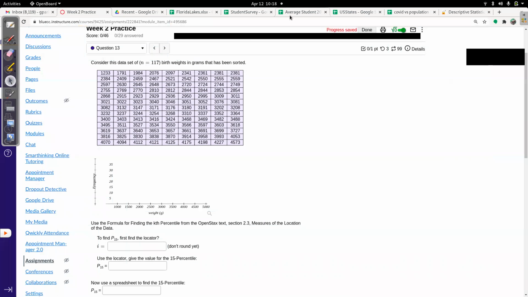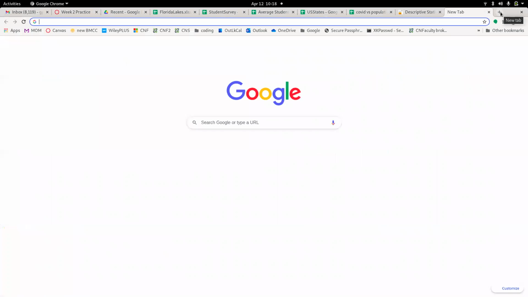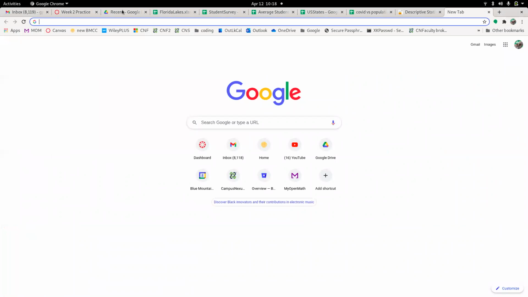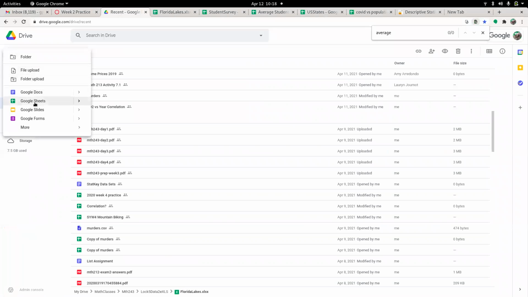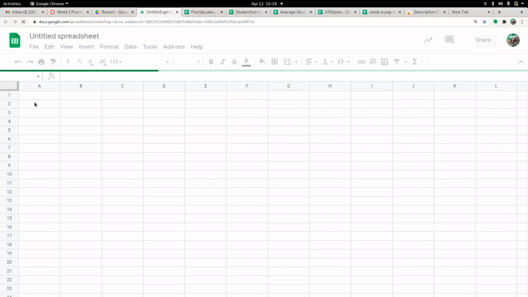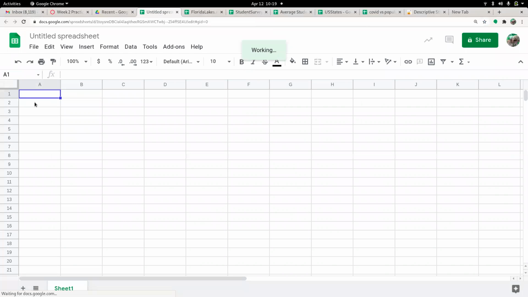Calculator, please. Let's actually bring up a new spreadsheet, because a spreadsheet is a calculator. And let's call this percentiles. Good to give it a name, otherwise you have all these untitled spreadsheets floating around.